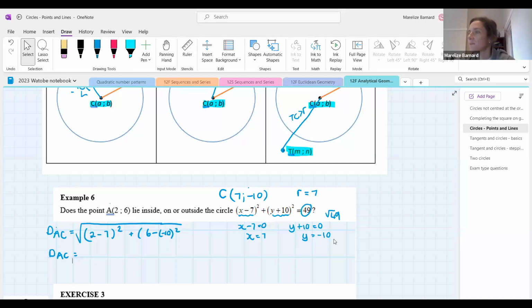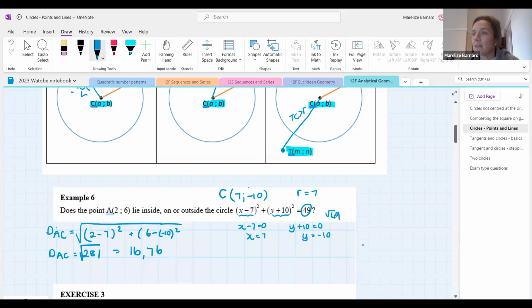We've got the square root of 281, which is going to be 16,76 if we round it to 2 decimal places. It's best to put it in decimal form so that we can actually compare it.